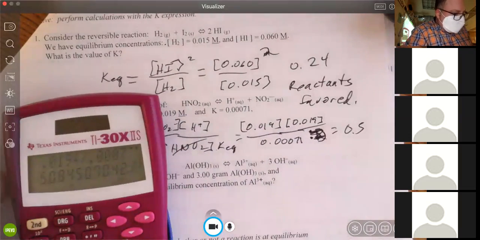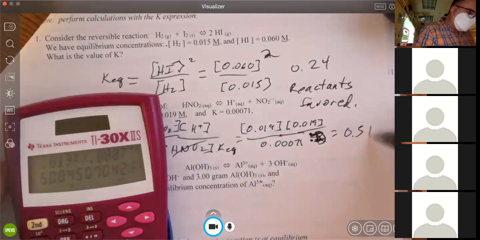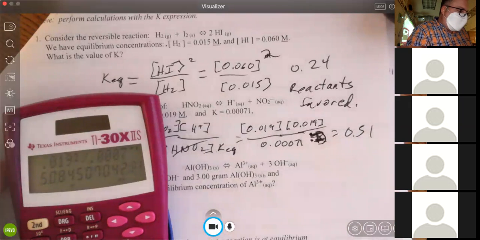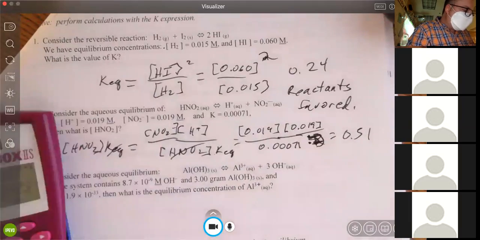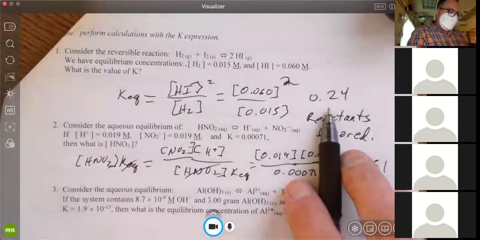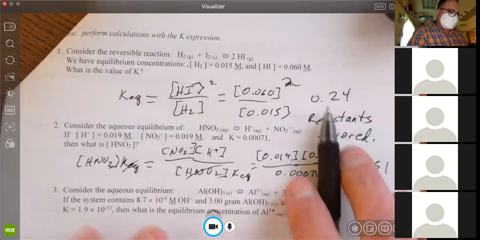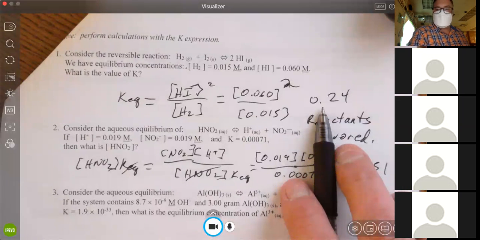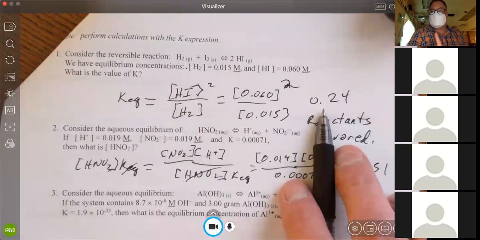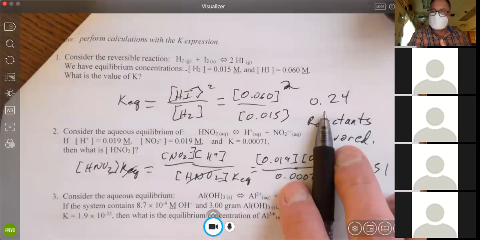So you said that if its K is less than 0.0001, then it should be favoring the reactants, but in the first one, it's 0.24. So how would that favor the reactants? If it's less than 1, it favors the reactants. Just think of the 1. Don't focus too much on that 10 and stuff like that.